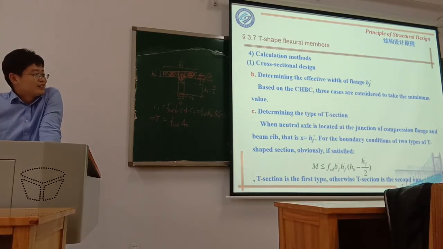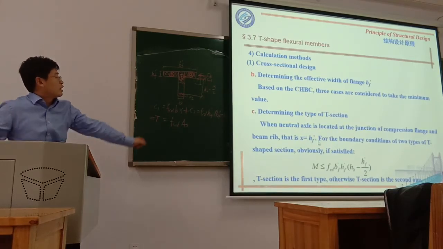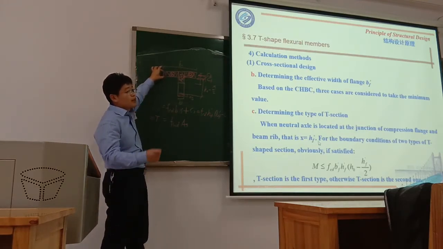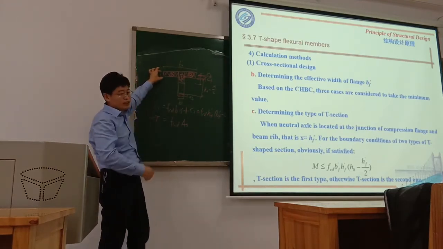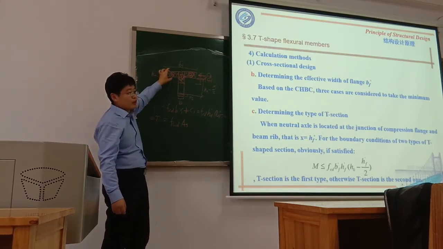How to calculate this? So use this value. We just suppose the compression area height equals hf. That means the total flange is in compression. So in this situation, we check the resistance moment.